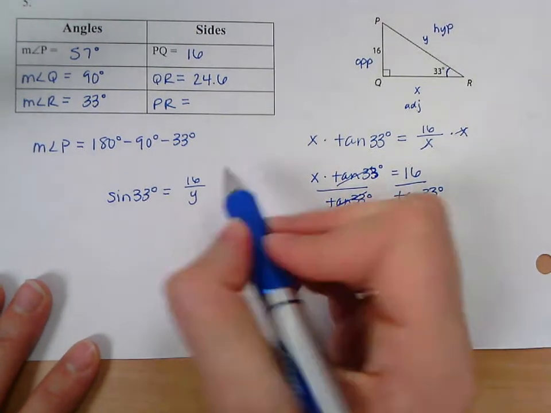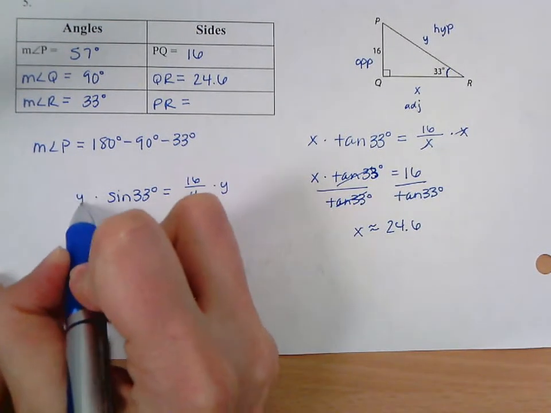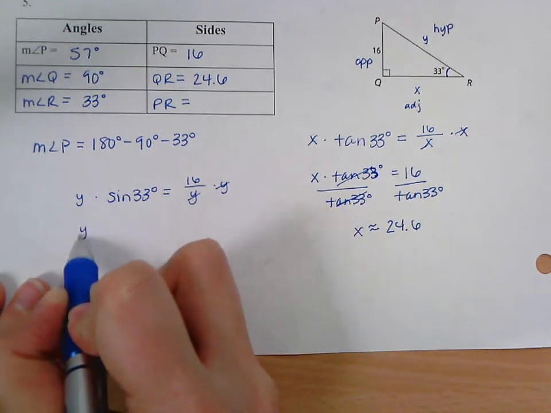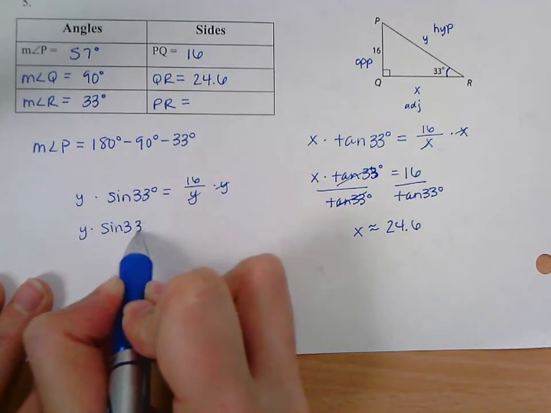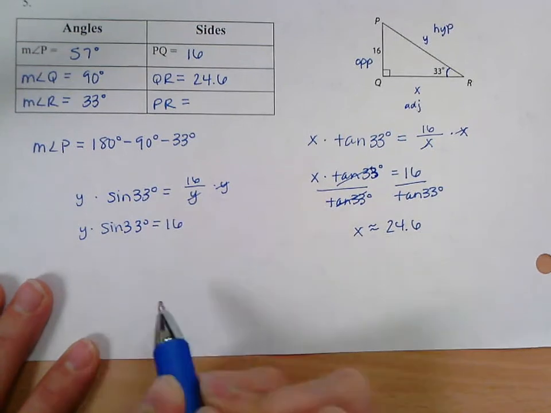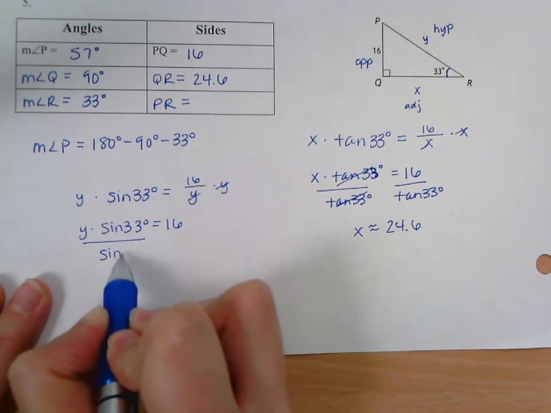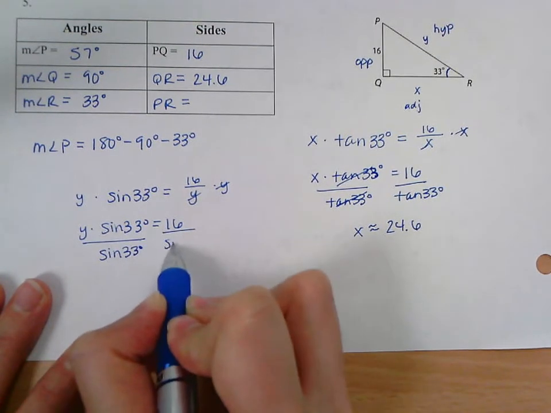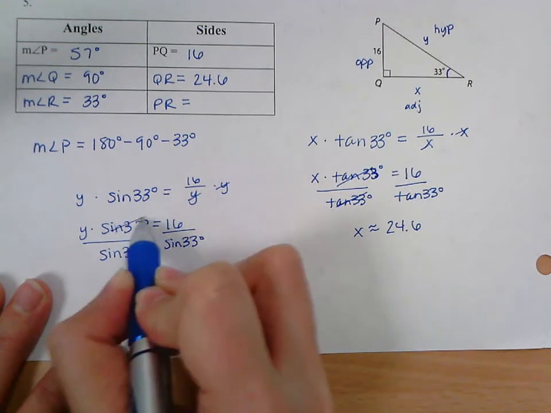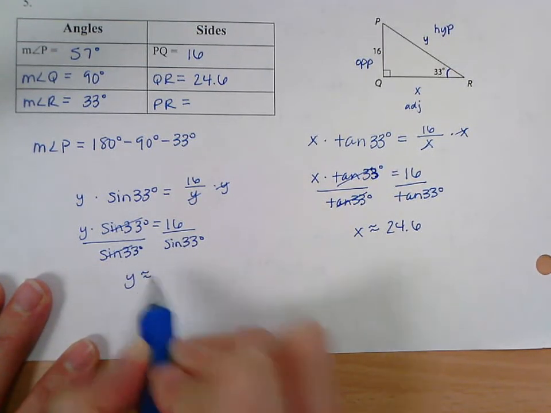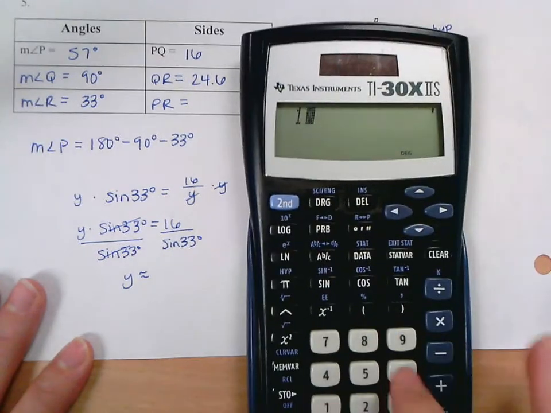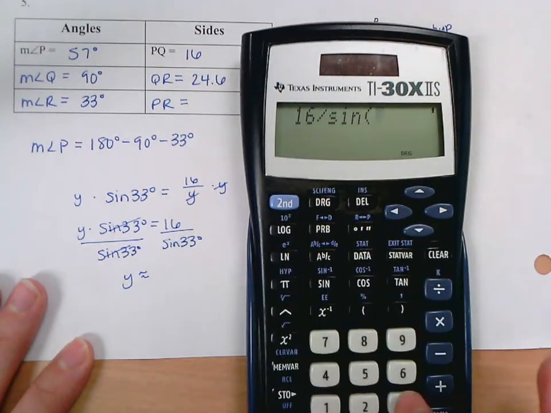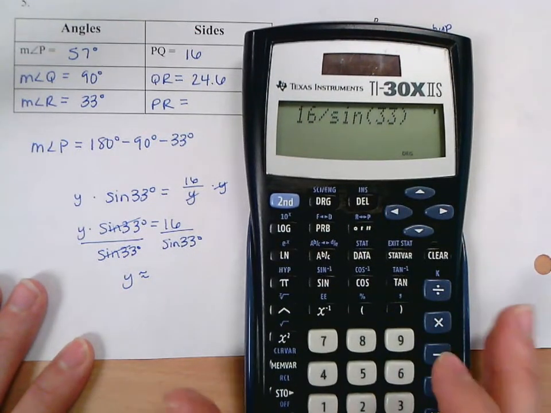I need to multiply both sides by y. So y times sine of 33 equals 16, and then divide by sine of 33. So 16 divided by sine of 33 equals approximately 29.6.